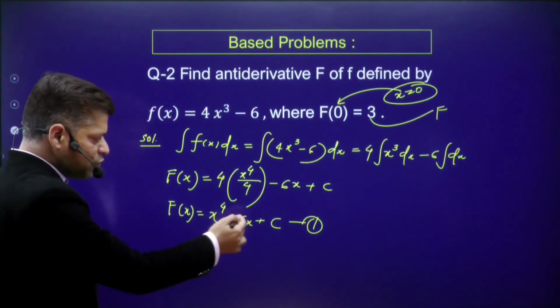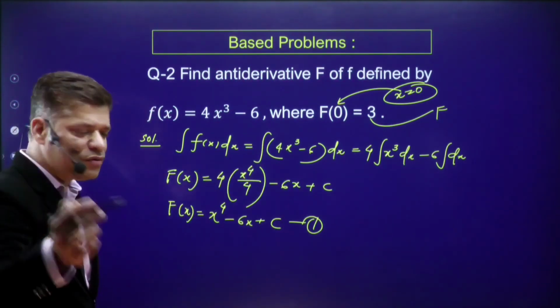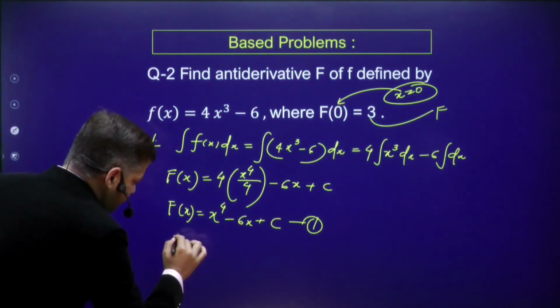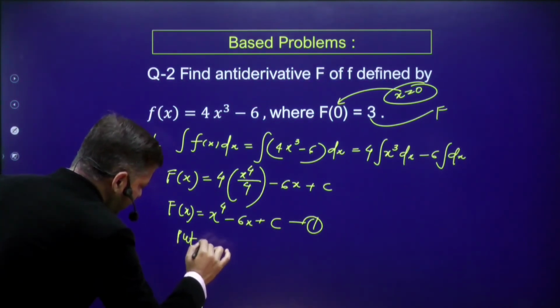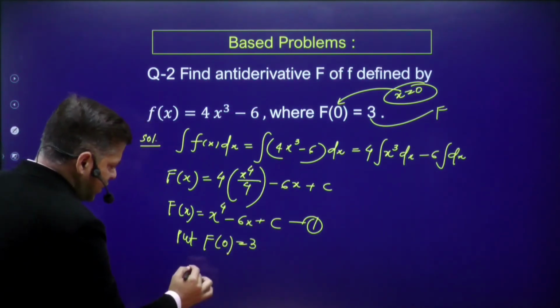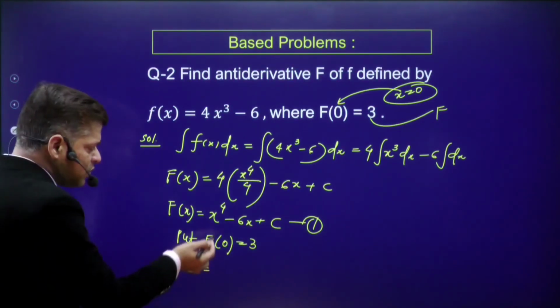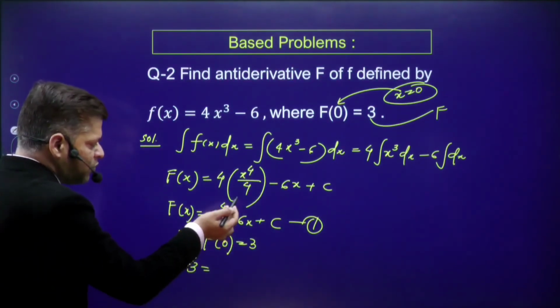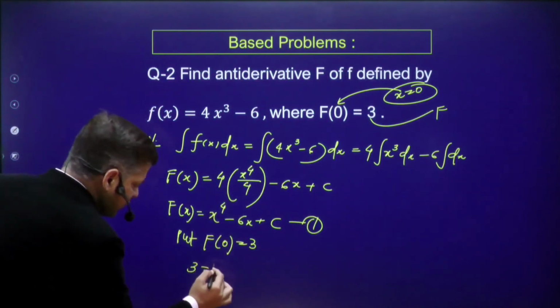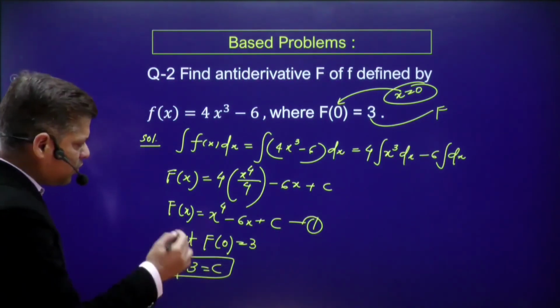So putting the condition F(0) equal to 3, we get 3 equals, when we put x equal to 0, x power 4 is 0, 6x is also 0, so the value of c we find equal to 3.